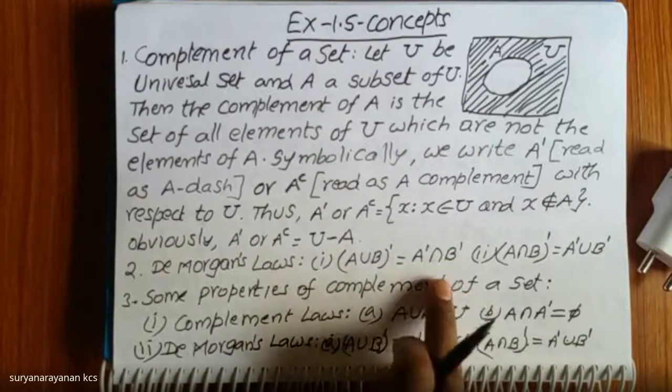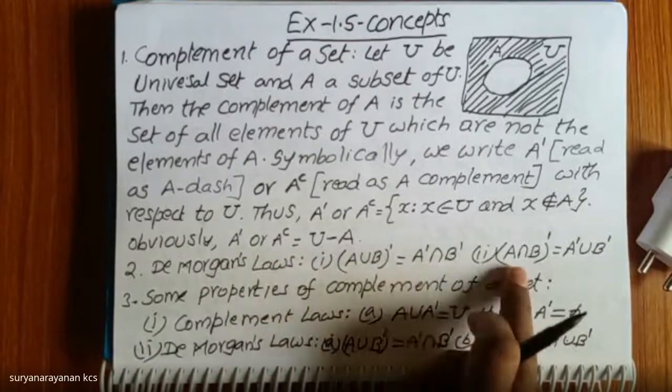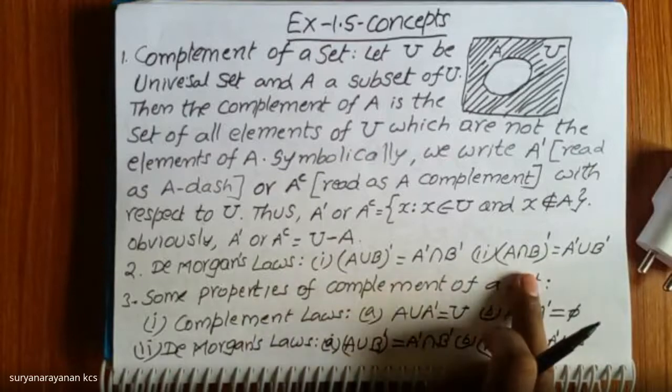I read these two De Morgan's laws 3 times, and Priya also read that first law, and now read the second law. Sir, A intersection B whole dash is equal to A dash union B dash.